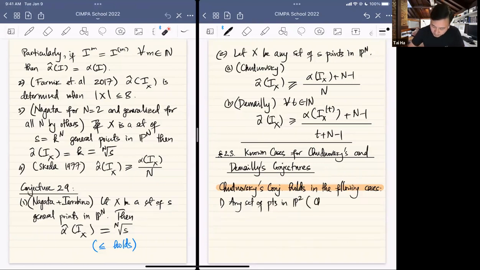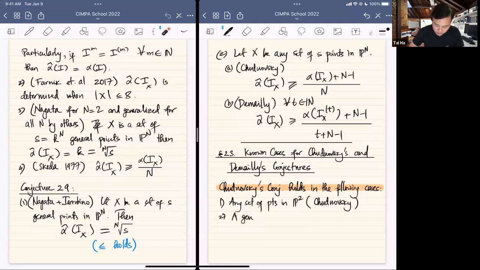This is proved by Chudnovsky himself, where he generalized what Skoda has proved before, and because of this, he made the conjecture. So he proved it for points in P^2, and he made the conjecture for any point. His proof actually used a method in complex analysis.